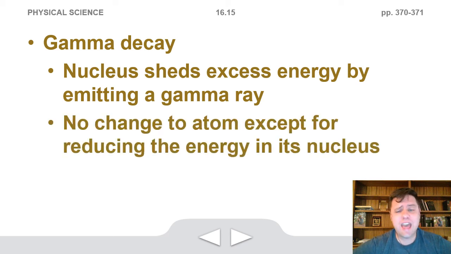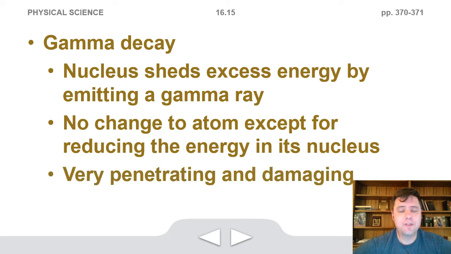There is no change to the atom except for reducing the energy present within its nucleus. Remember, the same number of protons, same number of neutrons. Nothing's changed with the number of protons or neutrons in gamma radiation. There's just been energy that has left the nucleus. It is very penetrating and very damaging. Gamma radiation is the strongest form of radiation, much further penetrating than alpha or beta.